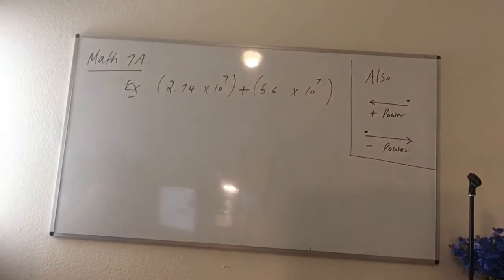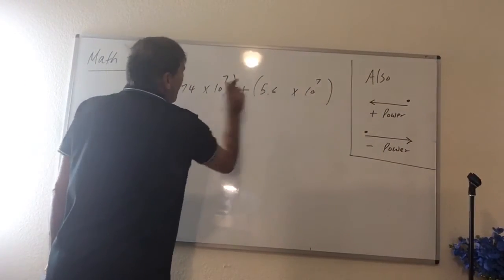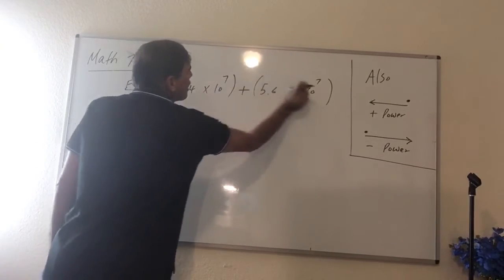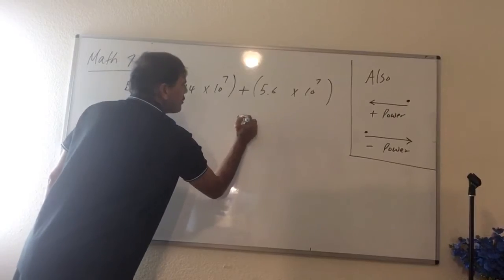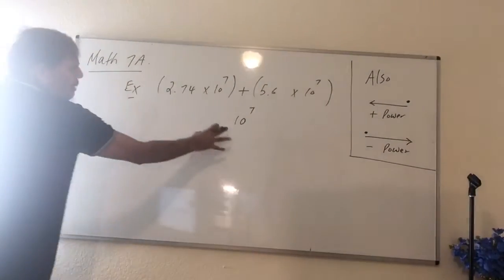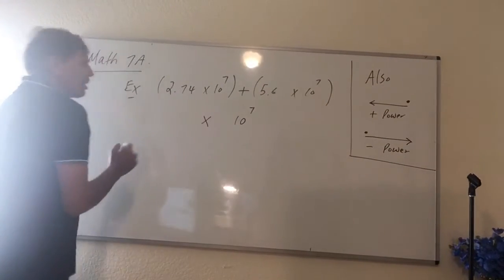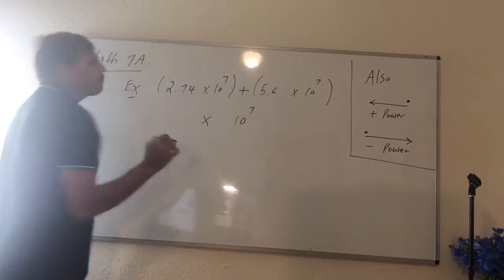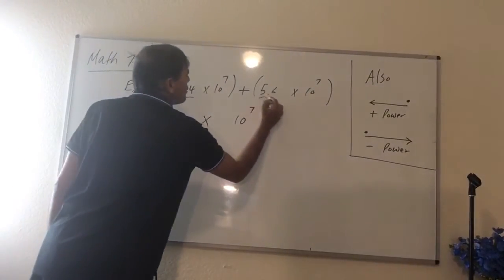The first thing when you add or subtract is you look at the 10 and 10: they have the same base with exactly the same power. So when you add or subtract, we leave it as is. But they must have the same power. So 10 to the power 7 is not going to go anywhere. In the middle is always this, and instead of multiplying and dividing like we did last time, you have to add these numbers.